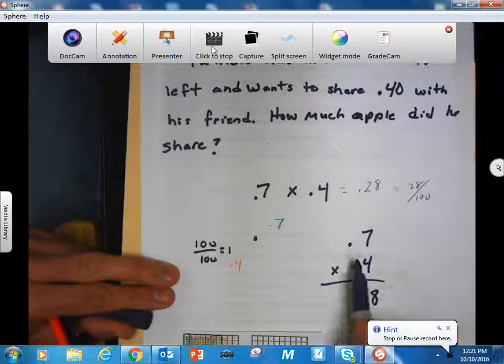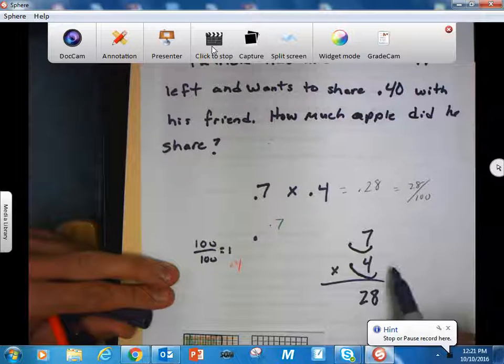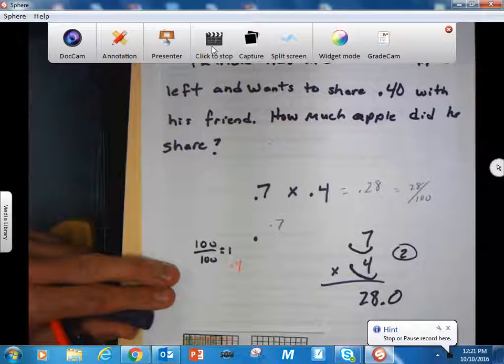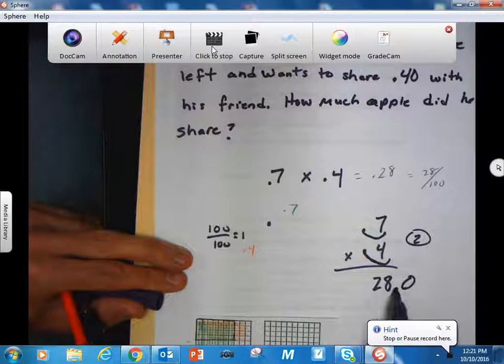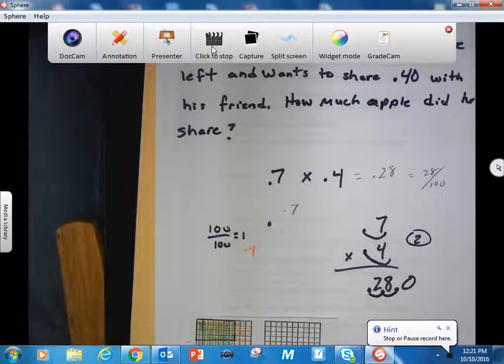So we move our decimal one spot, another spot. So that's 2 spots, 2 moves. So if we are at 28.0, we have to move it back now. 1 spot, tenths, 2 spots, hundredths. So this is an activity we're going to practice, and you have your example now to refer to.